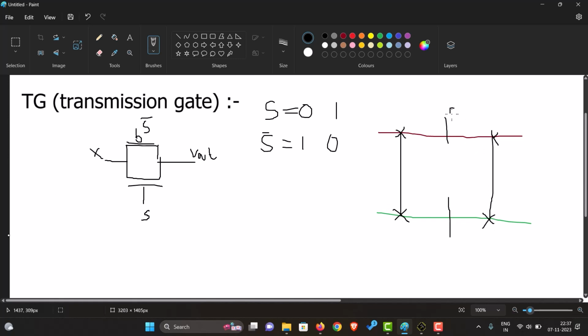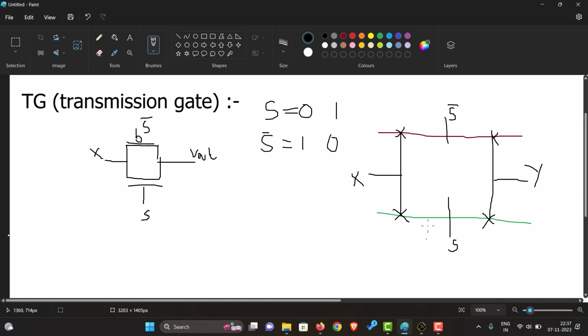So this over here is S bar, this is S, this over here is X, and let us say this is just Y. This way a transmission gate works.